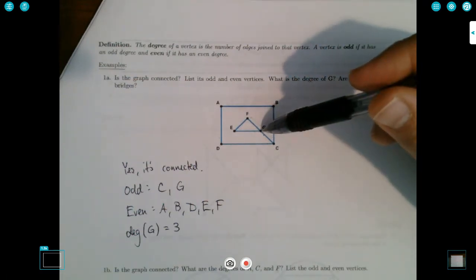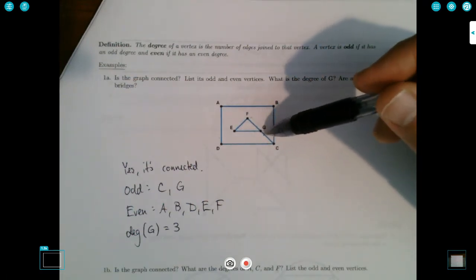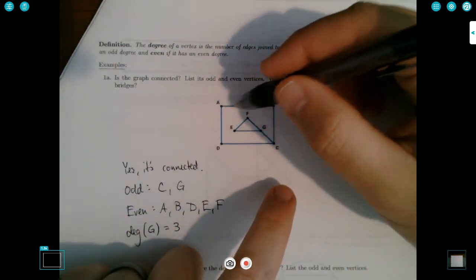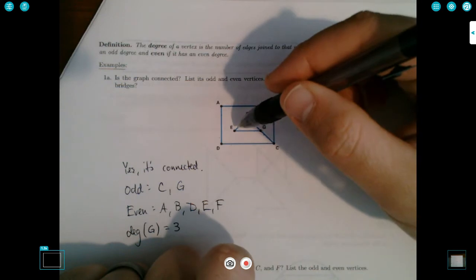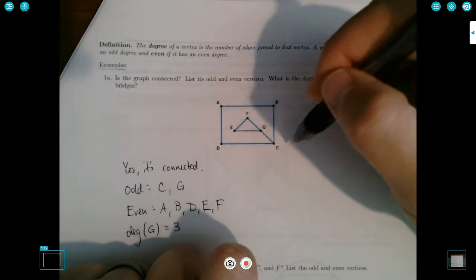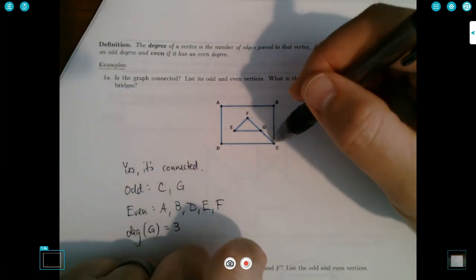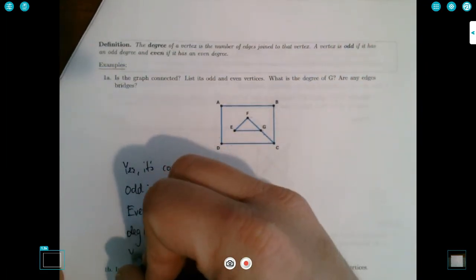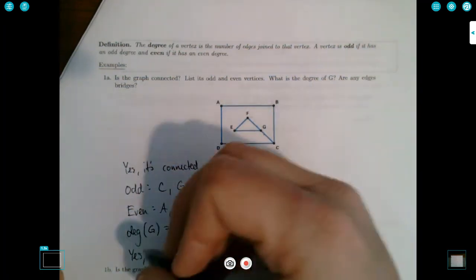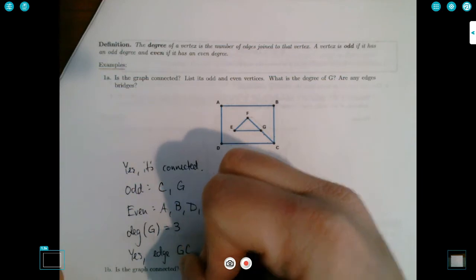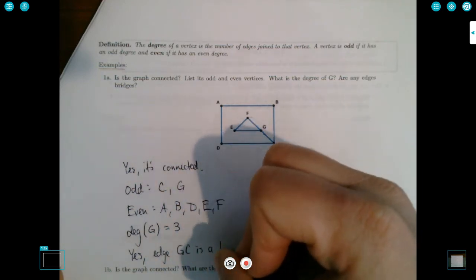But notice if we remove GC, this edge right here, now you get one graph that's ABCD, and then another graph that's EFG. It's like a triangle and a square, and they're disconnected because you've removed this bridge. So the answer is yes, edge GC is a bridge.